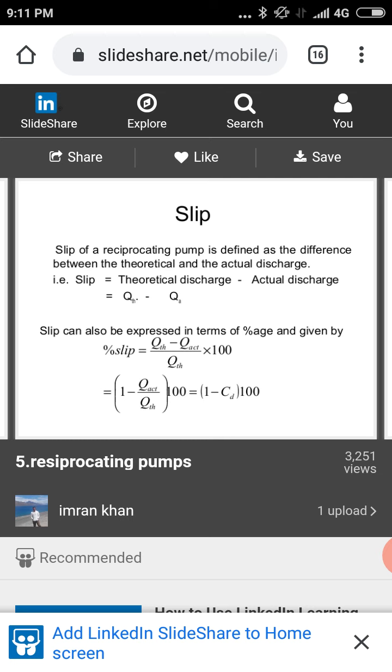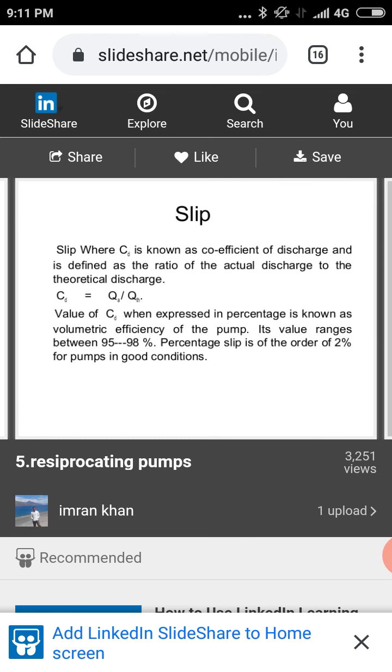Then slip can be expressed in terms of percentage and is given by percentage of slip equals Q theoretical minus Q actual divided by Q theoretical into 100. Q actual divided by Q theoretical equals C D, so the percentage slip equals 1 minus C D into 100. Here C D is known as the coefficient of discharge and is defined as the ratio of actual discharge to the theoretical discharge.